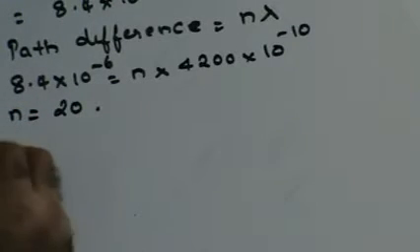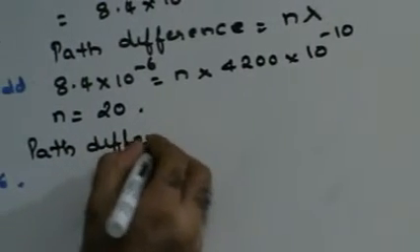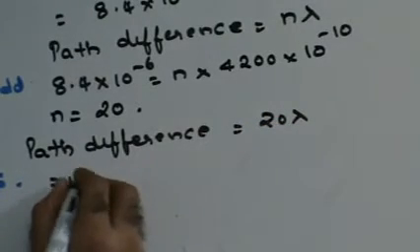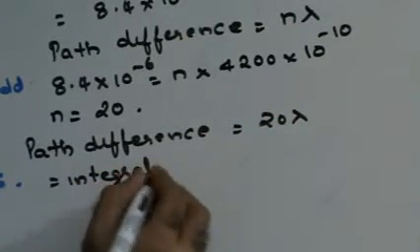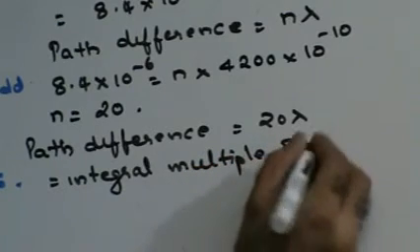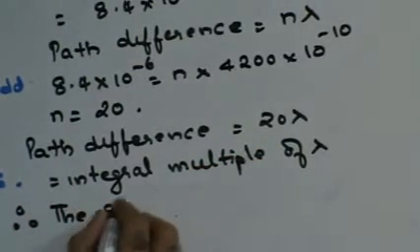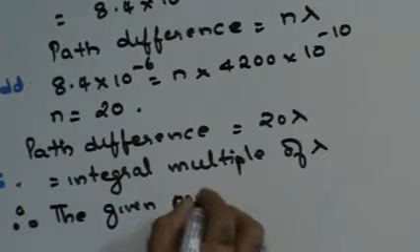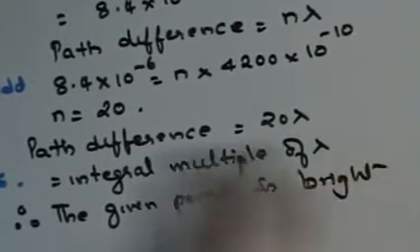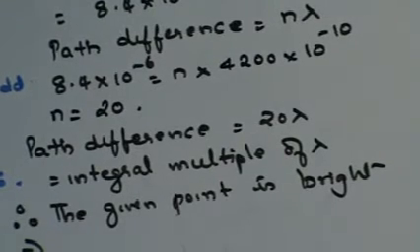That means path difference is 20 lambda, an integral multiple of lambda. Since it is an integral multiple of lambda, therefore the given point is right. Fine, do we get this? Next. Take on the next one, please.